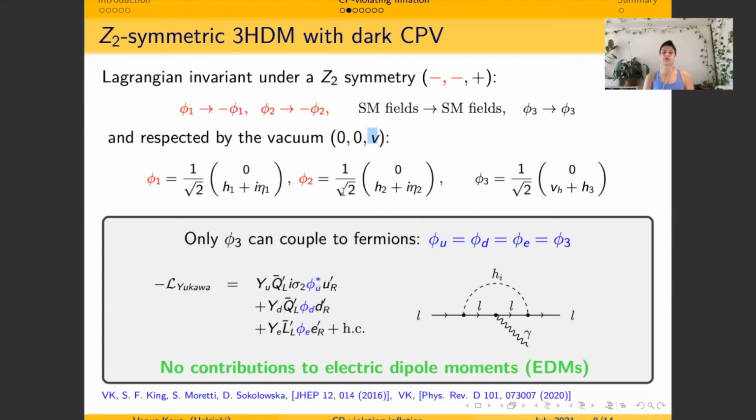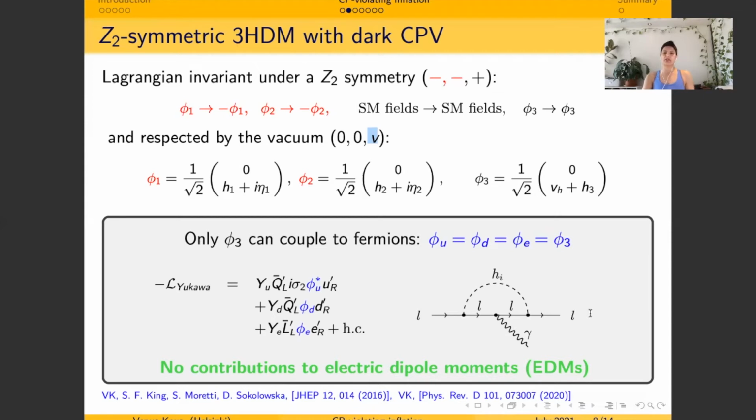And as I mentioned before, CP violation is going to be introduced in this dark or inert sector. As you may know, electric dipole moments are one of the most constraining probes of CP violation in beyond standard model theories, which are mediated through processes of this type at one loop and through Barr-Zee diagrams at two loops.